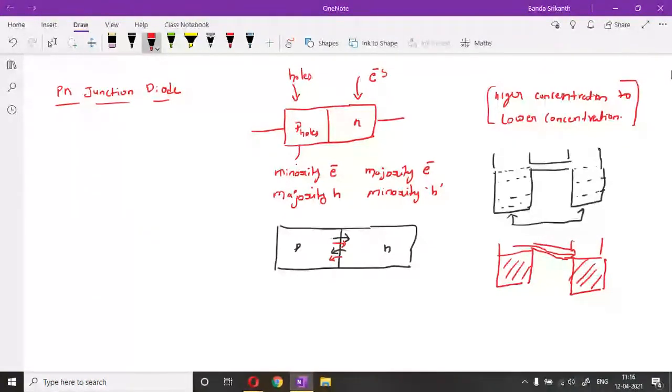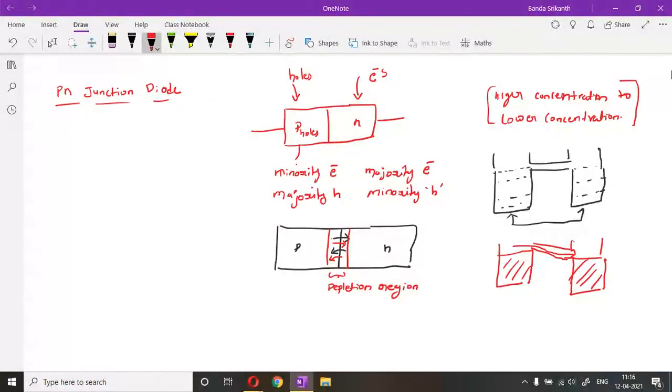Whenever the equilibrium is there, the movement of majority carriers traveling from one side to the other will stop. That we call the depletion region. So this happens by nature.